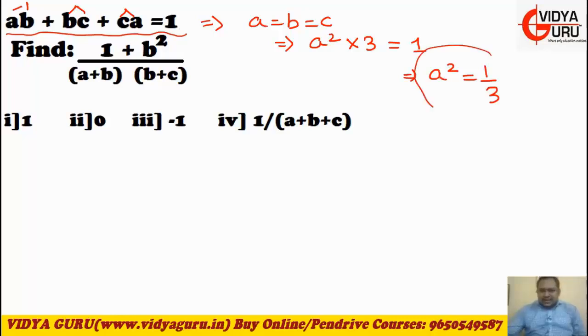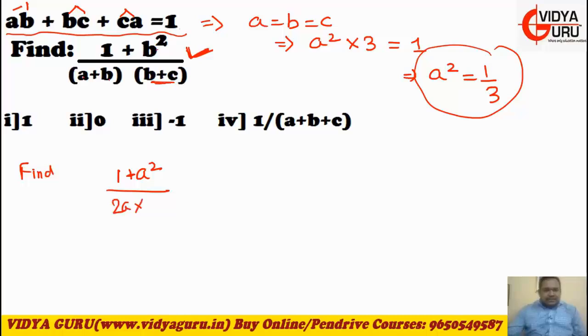So based on this assumption, we have been asked to find the value of this. We have assumed A is equal to B is equal to C. So you have been asked to find 1 plus, now B square can be written as A square, A plus B can be written as 2A, B plus C can also be written as A plus A, that is equal to 2A.